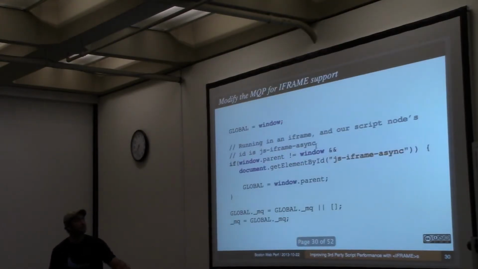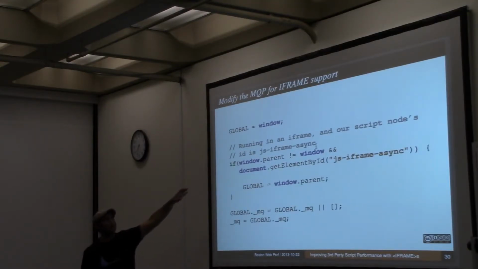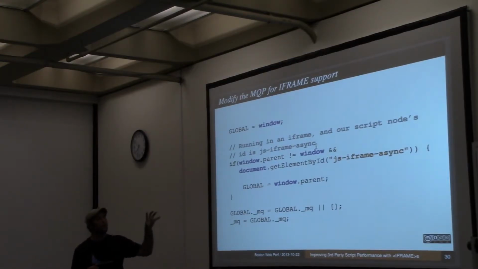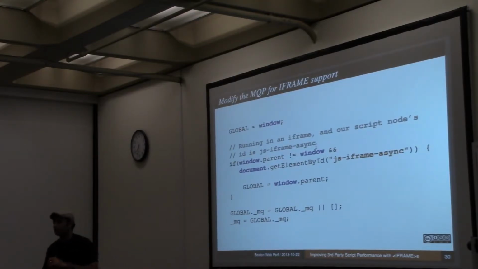So I can check that and say, all right, this particular node that I created exists, therefore we're running in an iframe that we created. And so we're now going to proxy and say, instead of being the window object, it's going to be window.parent, which is where the page is going to be. And then we're going to access global.mq instead of just accessing _mq. Everything else should work perfectly.